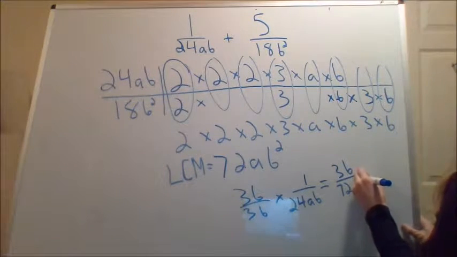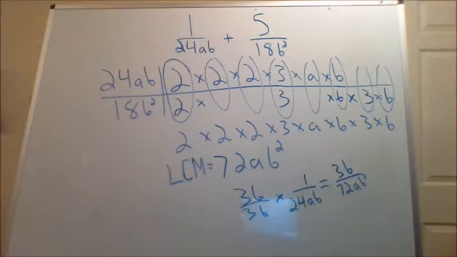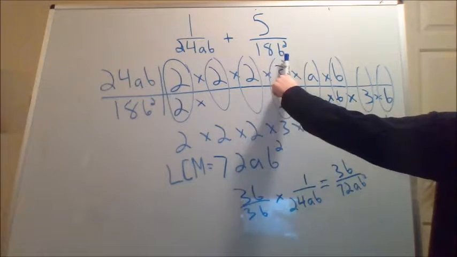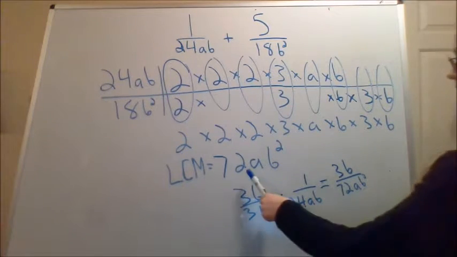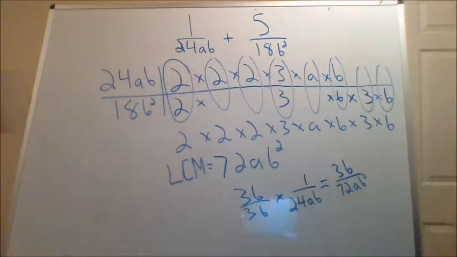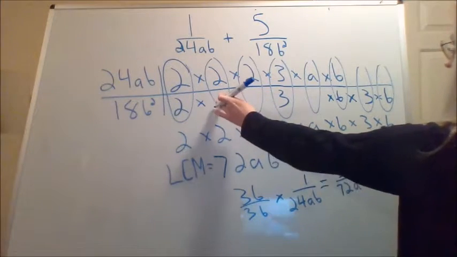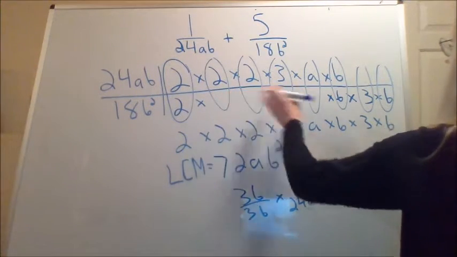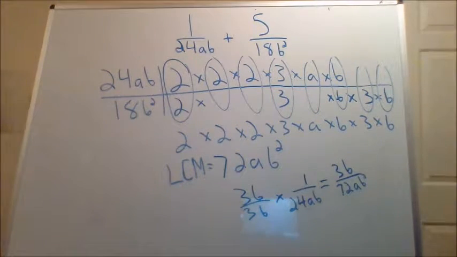72ab squared. And so now let's account for the second fraction, 18b squared in the denominator. So what do we need to multiply 18b squared by to get up to 72ab squared? Well, it tells us in our gaps right here what we need to multiply by, and that would be 2 times 2 times a, so 4a.